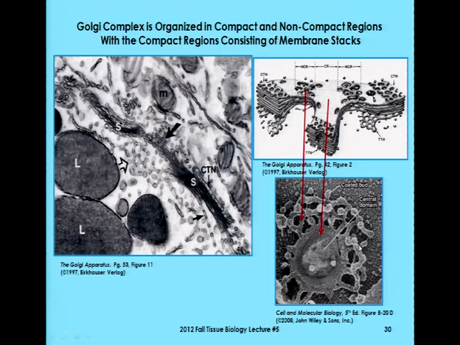So this is an example of an isolated portion of a Golgi showing part of a compact region where there's continuous membrane and part of it showing the non-compact region, and you can see how there's a fenestration of the membrane.